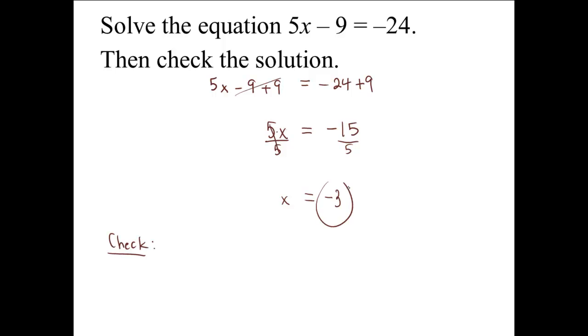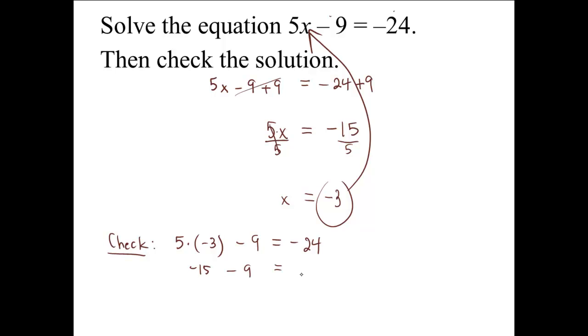We're going to take negative 3, write it back up here for x. So instead of 5 times x, we have 5 times negative 3, and then minus 9 equals negative 24. Multiplying first, 5 times negative 3 is negative 15.